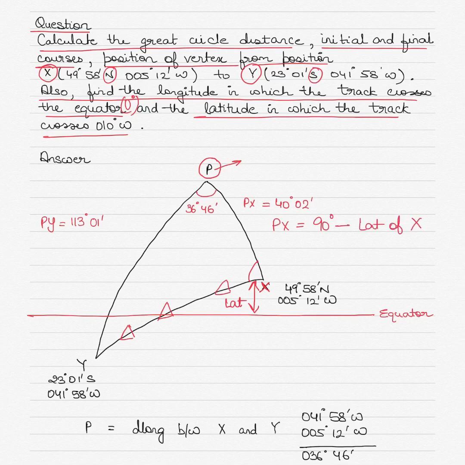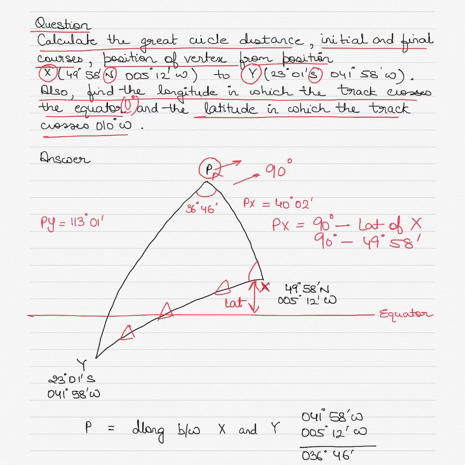Why? Because from P to the equator, this distance here is 90 degrees, right? From the pole to the equator is 90 degrees. From x to the equator is the latitude, because latitudes are always measured with reference to the equator. Therefore px would be equal to 90 degrees minus latitude of x. So it will be 90 degrees minus 49 degrees 58 minutes. That would be px.